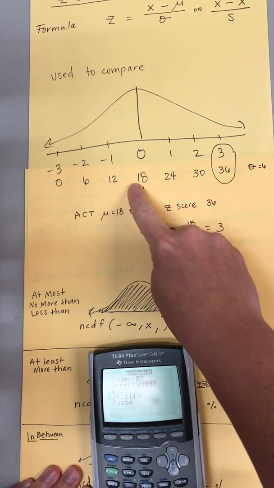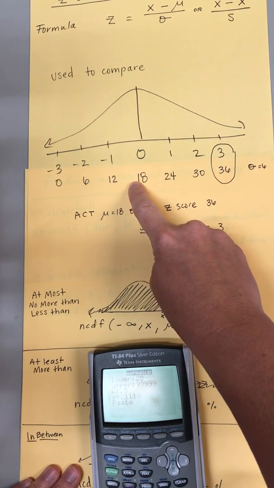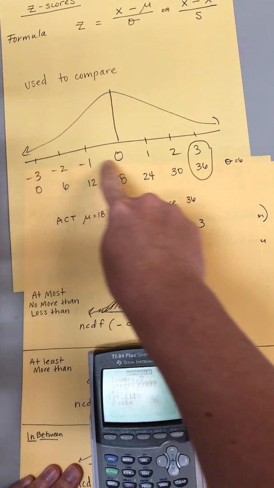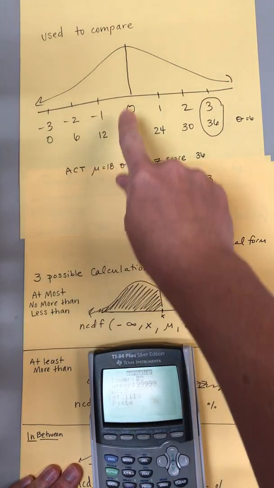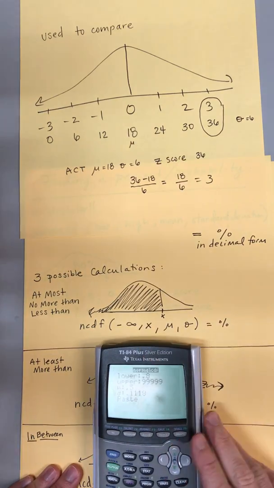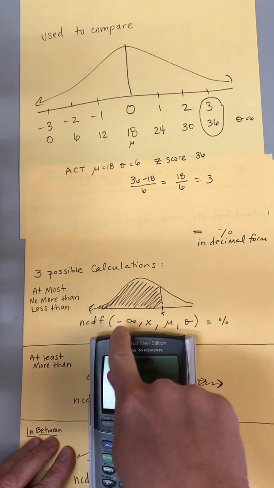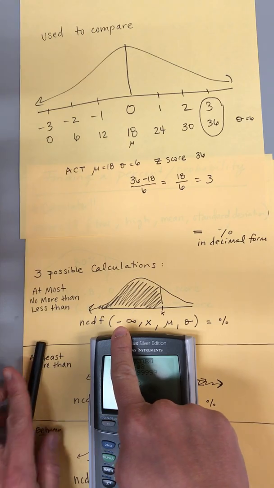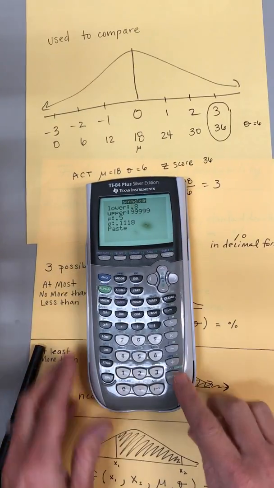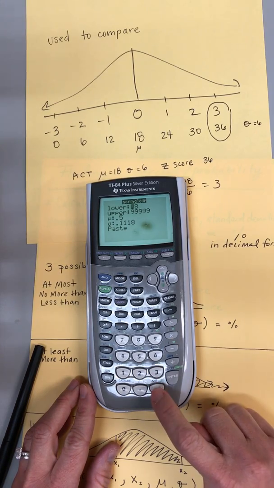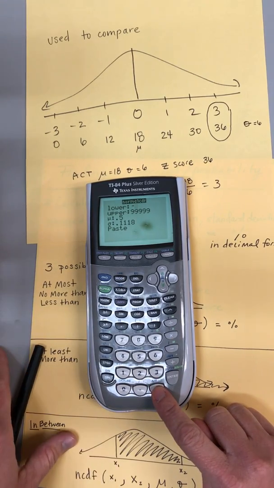Let's say, what's the probability of getting a 17 on the ACT? So since this doesn't land on one of those deviations, how do you do it? So if we want at most a 17, our low bound would be negative infinity. And negative infinity, how you type that in the calculator, is just negative. Now be careful, you don't want to use subtract, you want to actually use the negative symbol here, otherwise it will create an error.